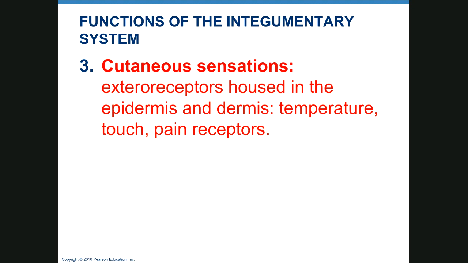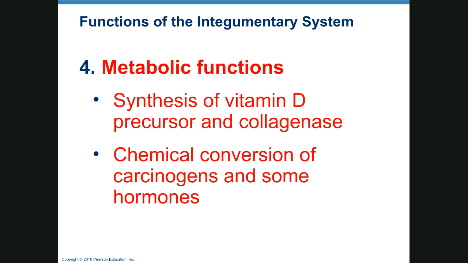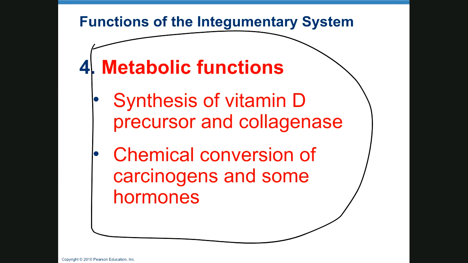Changes in temperature, changes in touch, and pain receptors are all found in the skin. There's a metabolic function of the skin. This is important, and we'll see it again in next chapter 6. The synthesis of vitamin D begins in the skin. And vitamin D has several functions.